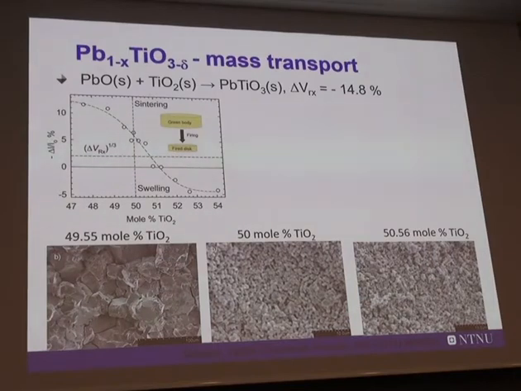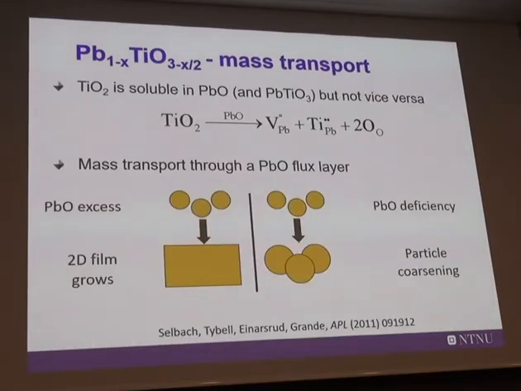The hypothesis is that titanium oxide is soluble in lead oxide if you have lead oxide excess, or in lead titanate, but not vice versa. So when we are looking at mass transfer through lead oxide flux, when you have lead oxide excess, you can get, for example, in a thin film, 2D film growth, a nice film.